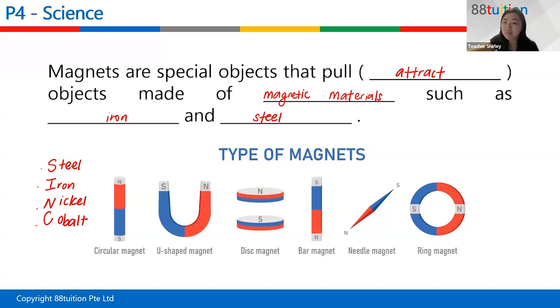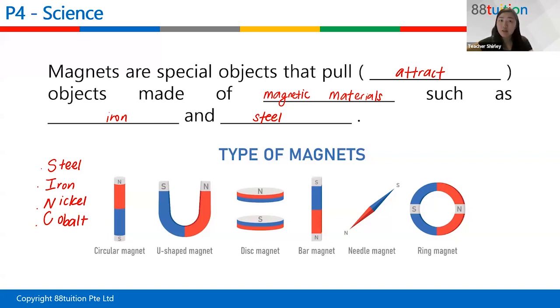Okay. Right. So we were just saying, some of you might have done magnets, some of you might not have been introduced to this topic, but like I said, we have our standard curriculum to follow. So we will be starting on magnets today, and it will be over a span of about 3 to 4 weeks. We were just covering that magnets are special objects that pull.